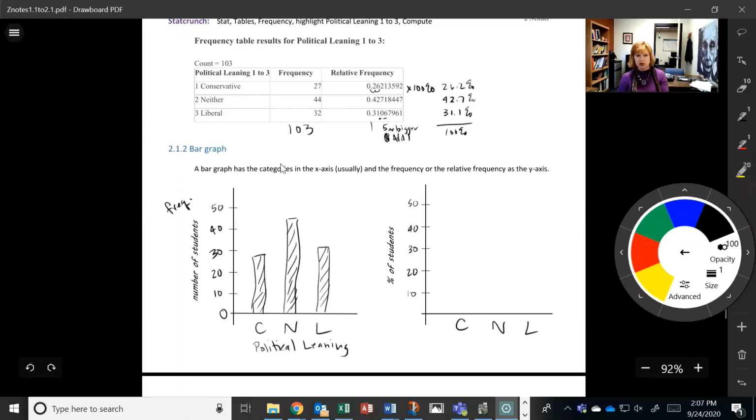But now I'm going to use the percent. So I've got 26%. That's a little over half. And then 43%, so right in here. And for liberals, 31%.